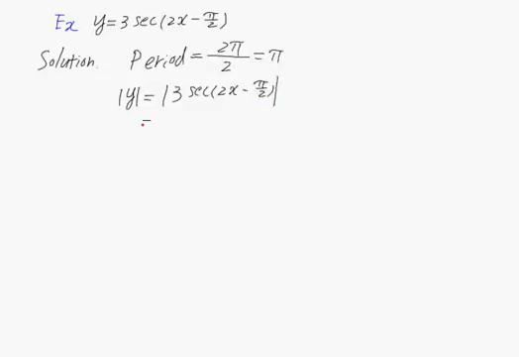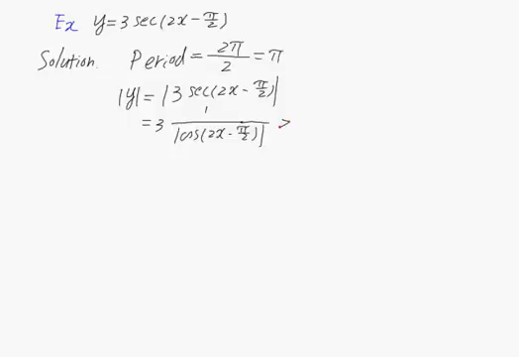And the range: the absolute value of y is equal to the absolute value of 3 times secant of (2x minus half pi). So this is equal to 3 times 1 over the absolute value of cosine of (2x minus half pi), right? And we know the absolute value of the cosine is less than or equal to 1, so this reciprocal is greater than or equal to 1.